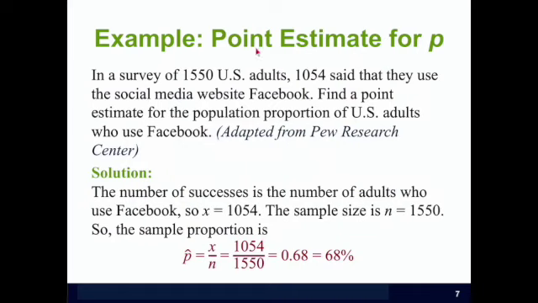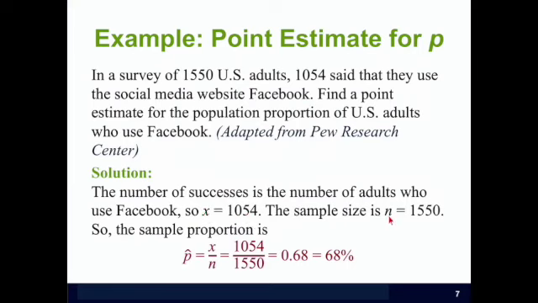Example: point estimate for a population proportion. In a survey of 1,550 US adults, 1,054 said that they use Facebook. Find a point estimate of the population proportion of US adults who use Facebook. The solution: the number of successes is the number of adults who use Facebook, which is 1,054.